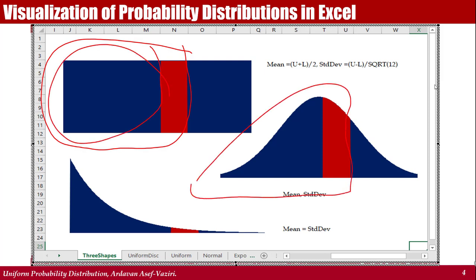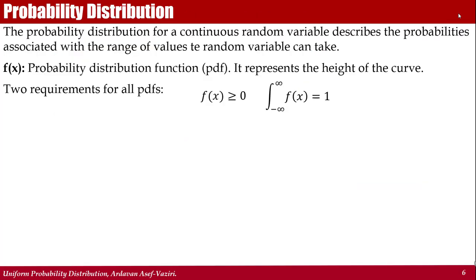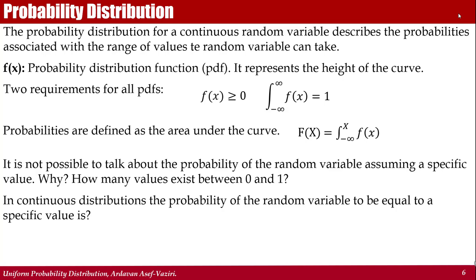So the probability of everything from negative infinity to positive infinity is 1. The probability of x being less than or equal to something is computed as the area from negative infinity to that value. And the probability of the continuous random variable being equal to a specific value is 0.